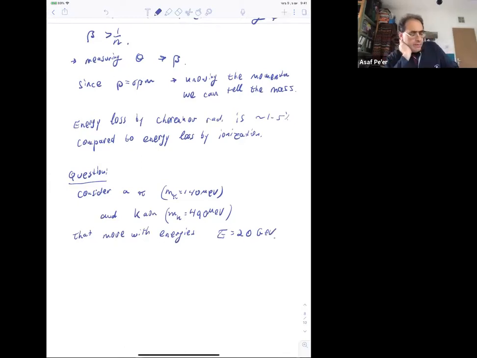What is the requirement from the detector material so that we can only see Cherenkov radiation from the pions, but not from the kaons?